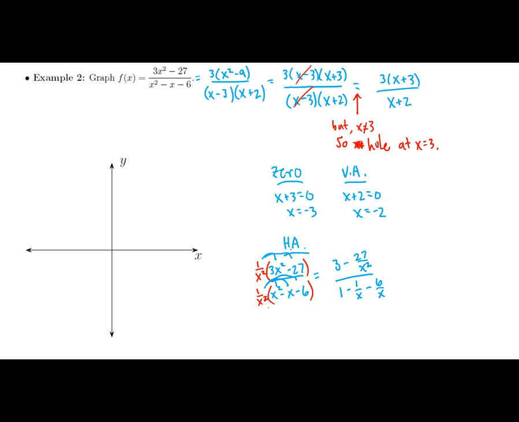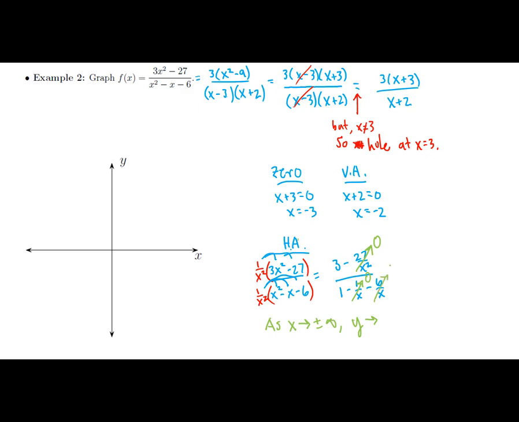Now the key here is, what happens if we let x get really big or really small? So down here I'll say as x goes to plus or minus infinity, what is y going to? Well, this term goes to 0, because you're taking 27 divided by a giant number. Think a million: 27 divided by a million is pretty close to 0. Same thing as 1 divided by a million is pretty close to 0.